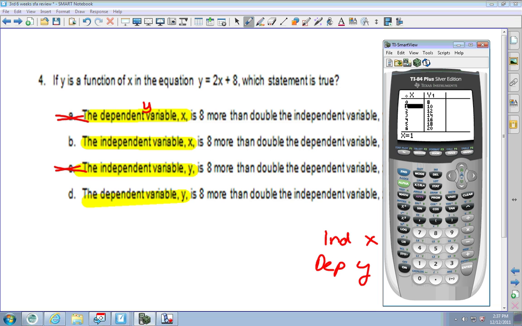Is x bigger than y? No, it is not. This one says the y variable is 8 more than double the independent. Double, 2 times 1 is 2, plus 8 is 10. The next one, 2 times 2 is 4, plus 8 is 12. Yes, my answer is D.